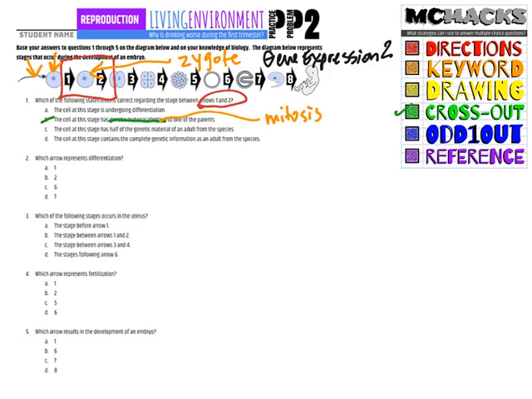Another thing I want to take note of is when we see this term, differentiation, that means something is becoming different. And that's not happening. So we're going to eliminate A, it's not undergoing differentiation, it's also not B. So looking at C and D, make your decision.